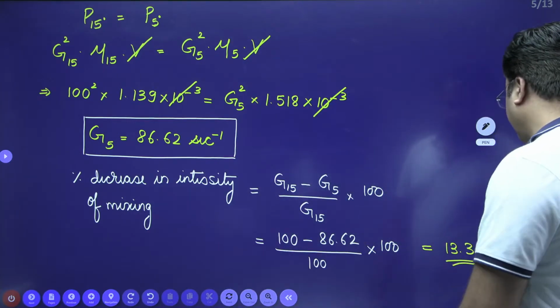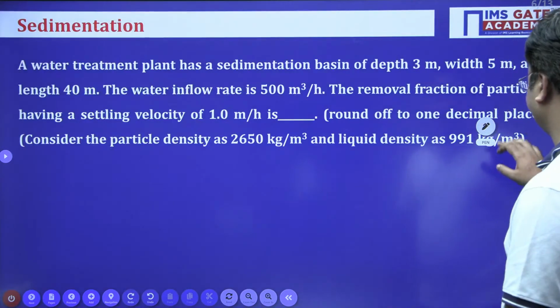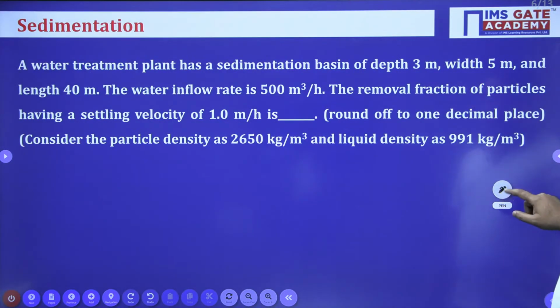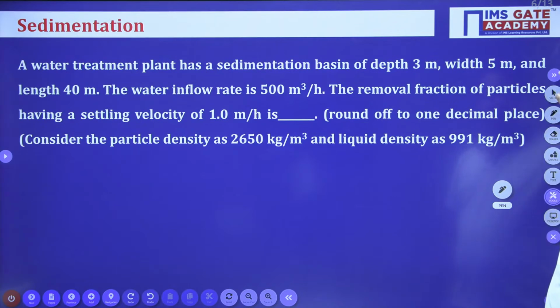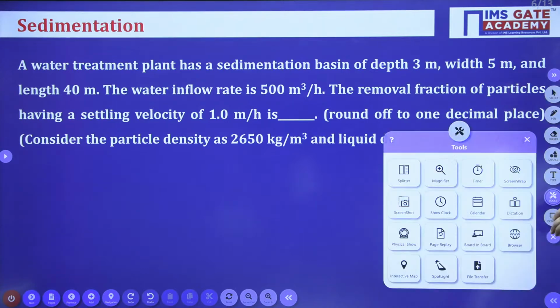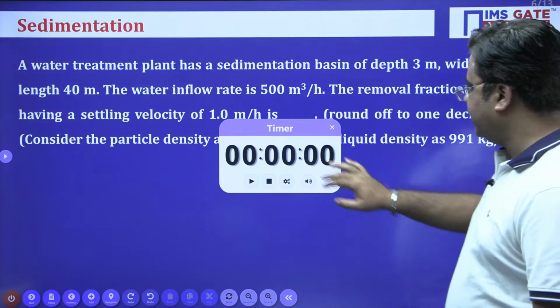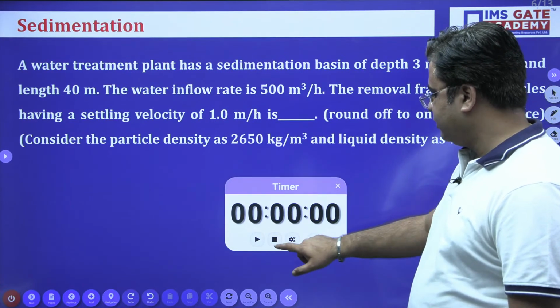Chalo. Moving on with this, just try this one. This was the question from sedimentation. Try this one. Again, I'll keep the timer and this time it will be like 1 minute.